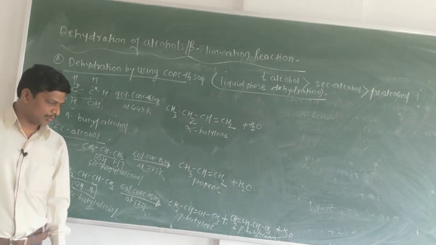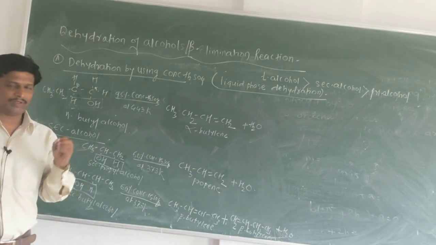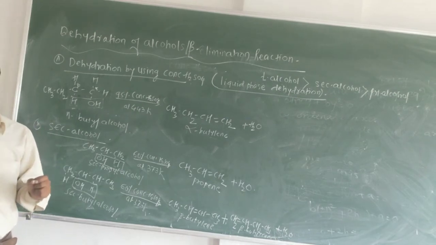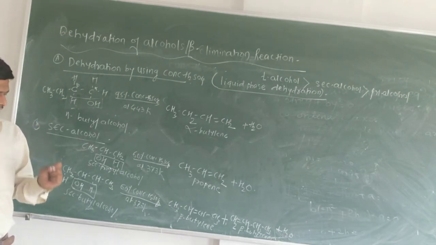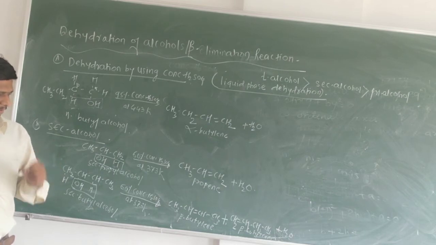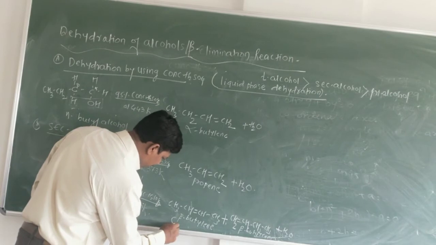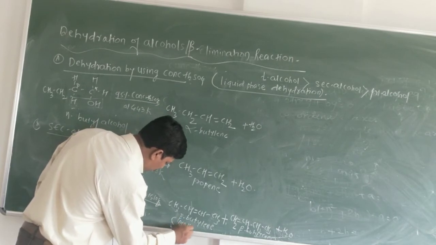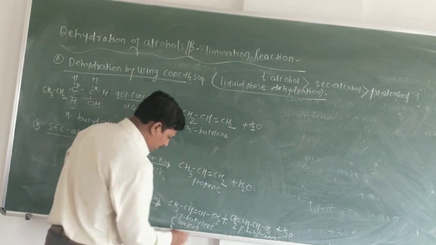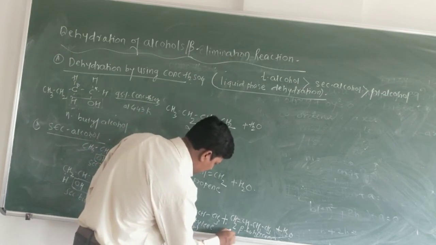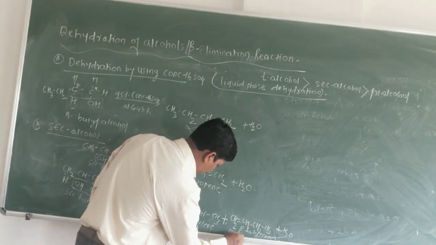So when two products are obtained in one reaction, definitely one should be the minor product and another the major product. In this reaction beta butylene is the major product, whereas alpha butylene is the minor product.